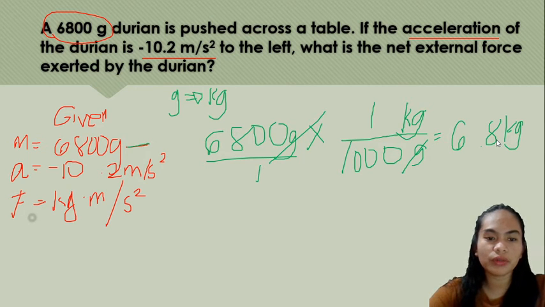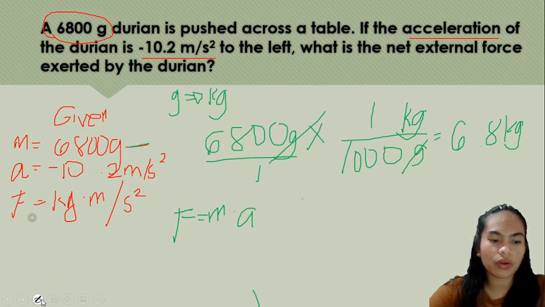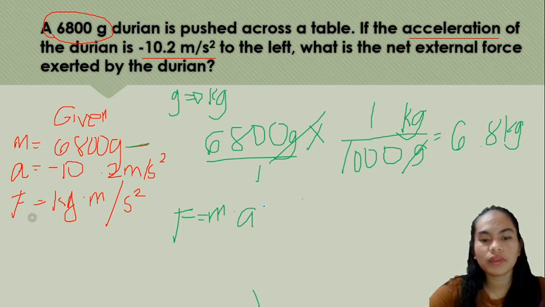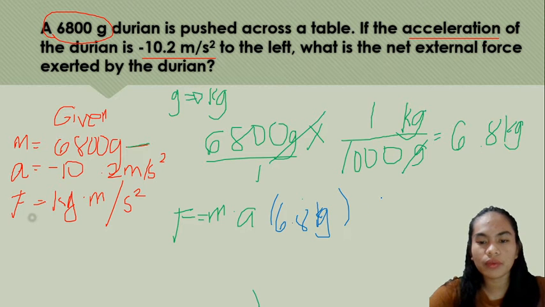Let's compute for force. We have here the formula: force is equal to mass times acceleration. Let's substitute: 6.8 kilograms multiplied by negative 10.2 meters per second squared.